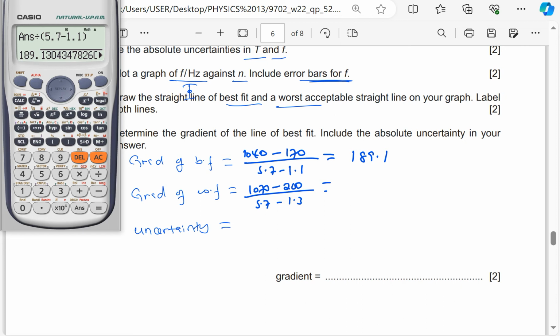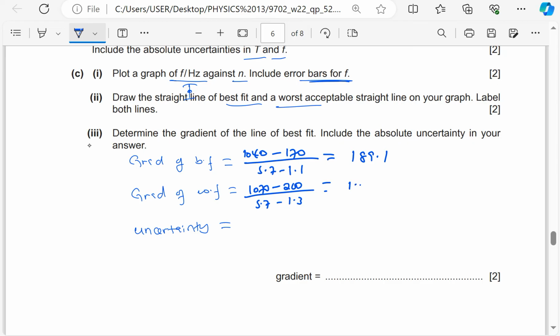Then the second one is 1070 minus 200 divided by 5.7 minus 1.3. So this is 197.7.